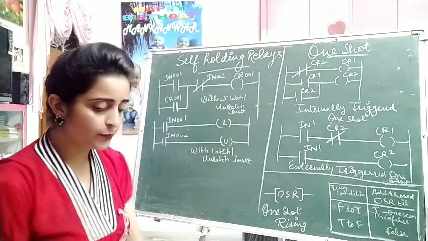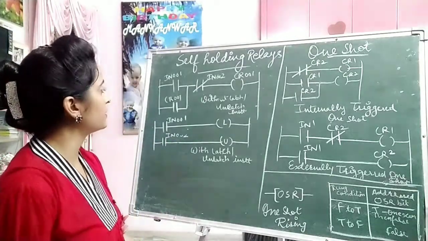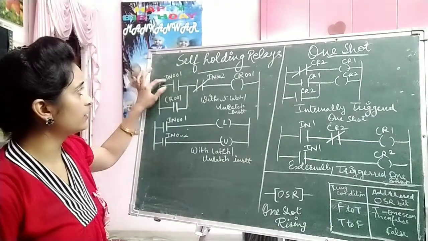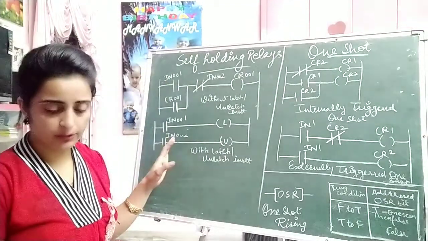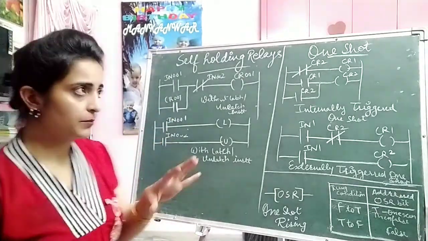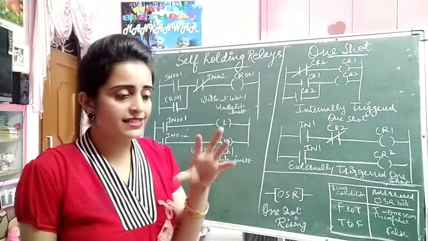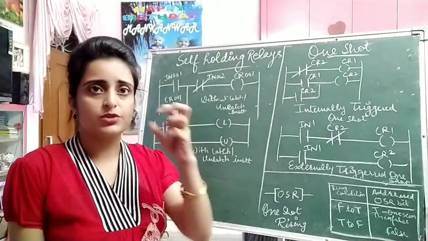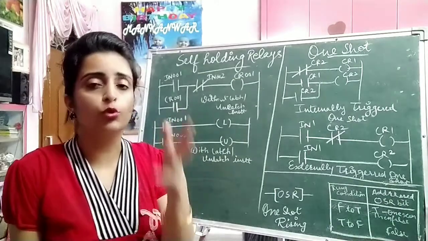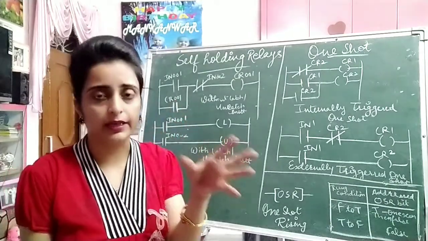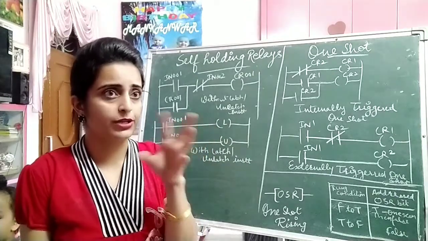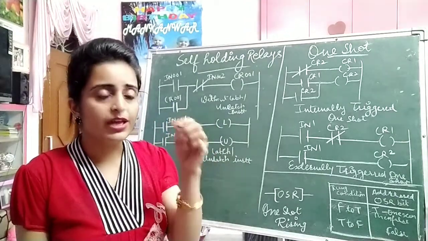Now let me tell you something about this before. Whenever we need to start some motor or some lamp or any output device that we are using on our outputs, initially we have a push button.